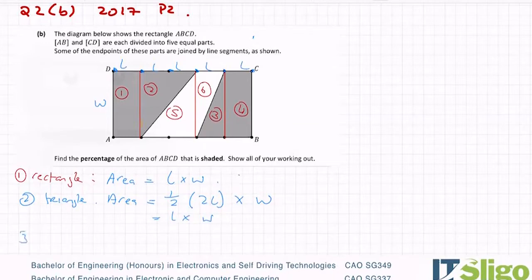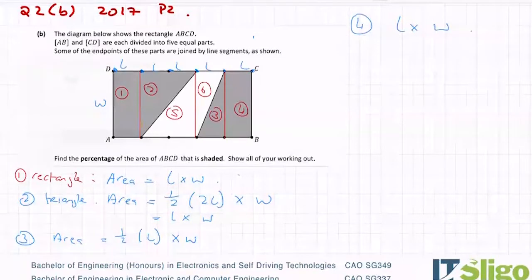Okay, let's have a look at shape 3, which is over here. So again, it's half the base by a W. And then shape 4 is a length by a width.